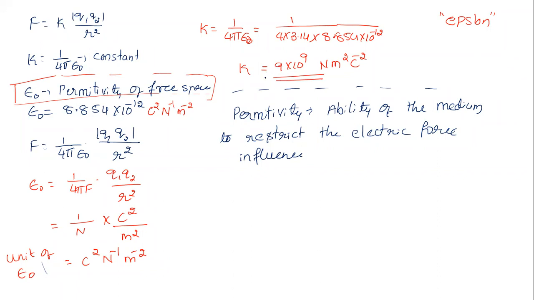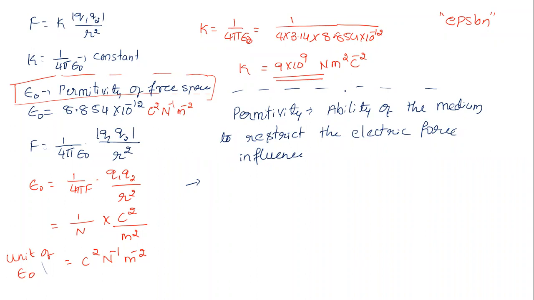There are different types of permittivity. One is permittivity of free space. Permittivity of free space means it is the ability of the free space to restrict electrical influence. Any doubts, students? No. Okay.